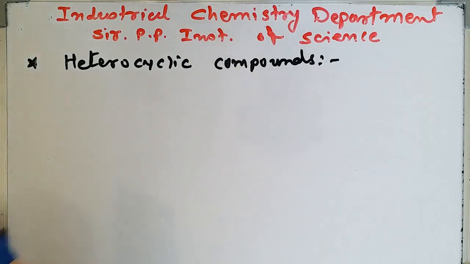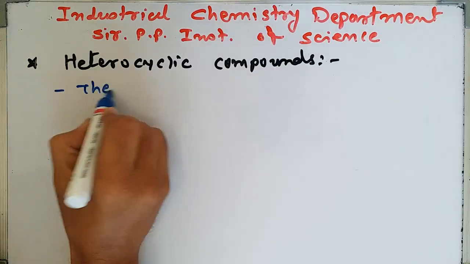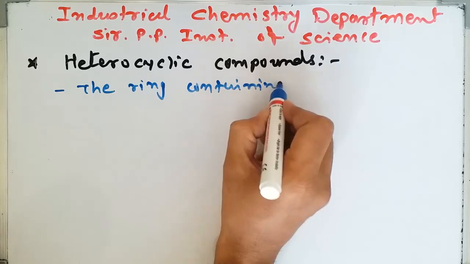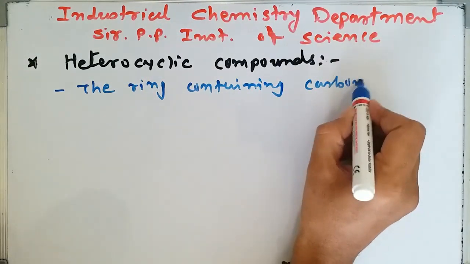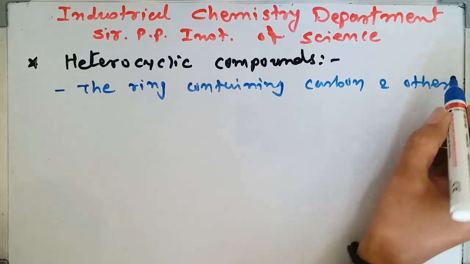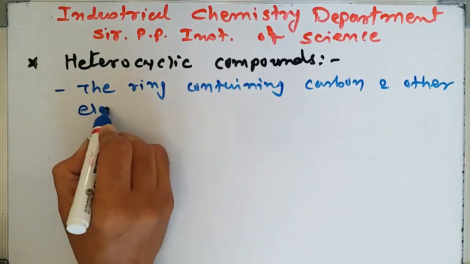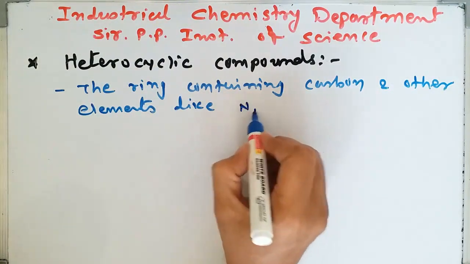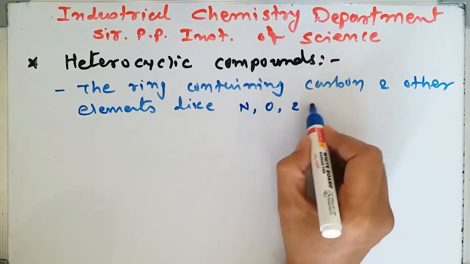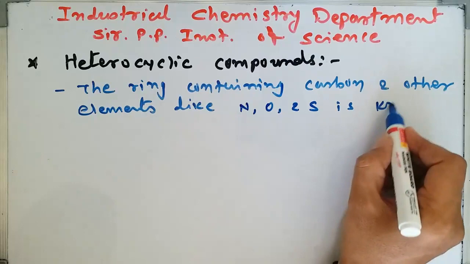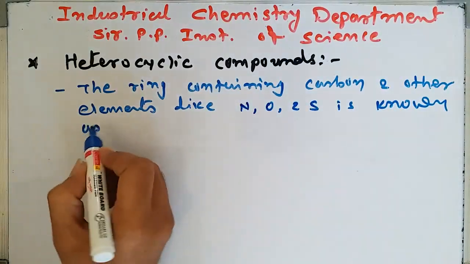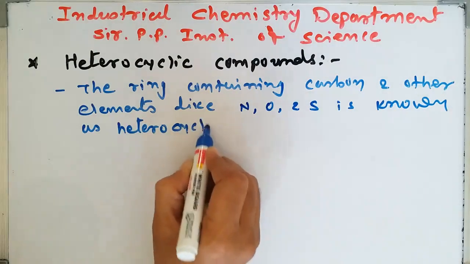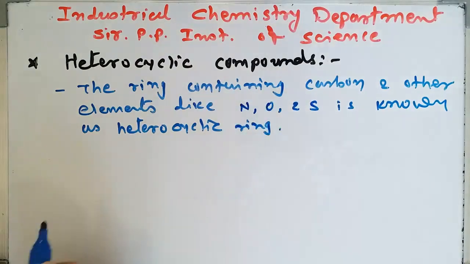The ring containing carbon and other elements like nitrogen, oxygen and sulfur is known as a heterocyclic ring.